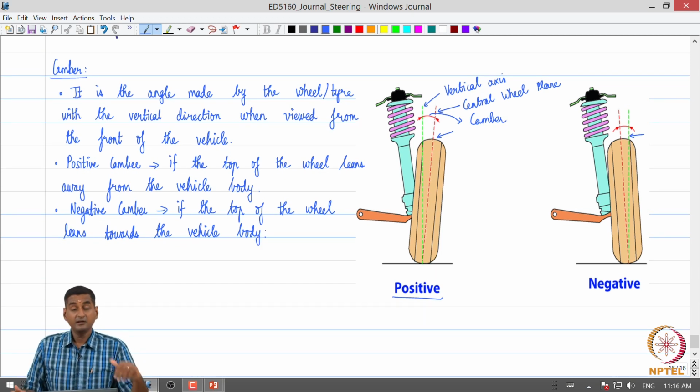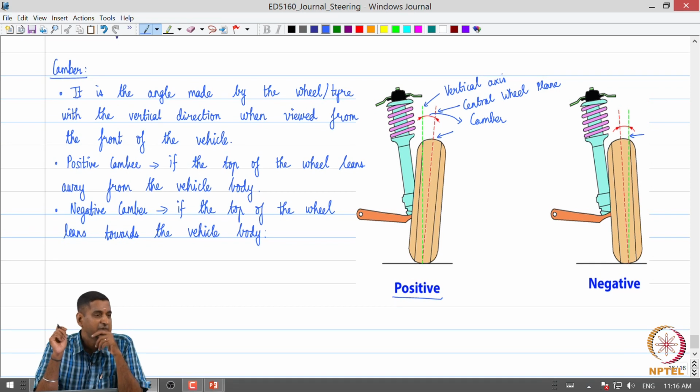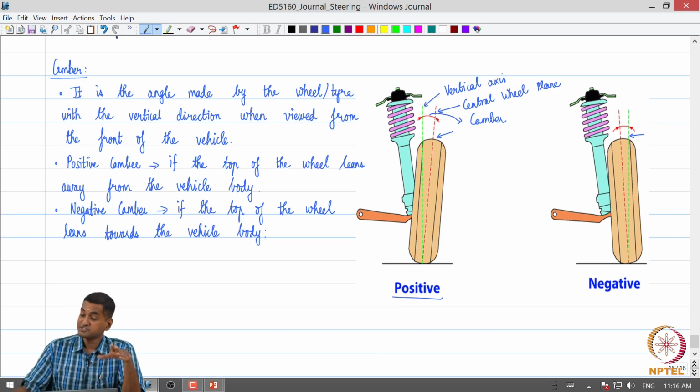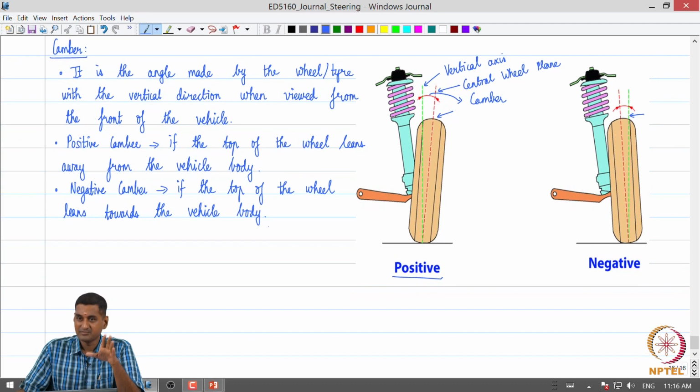So, why is this camber introduced in the first place? If you look at most vehicles, most cars where the front wheels are steered, you would observe that a small negative camber is introduced by design.